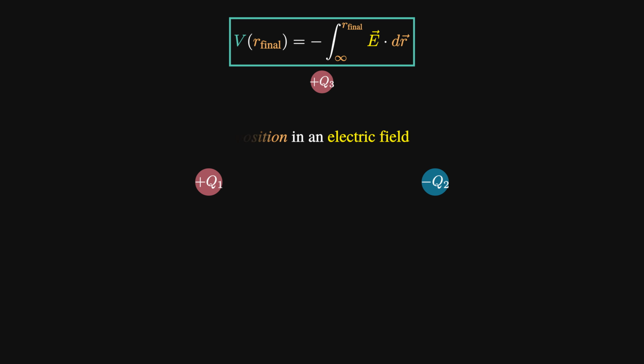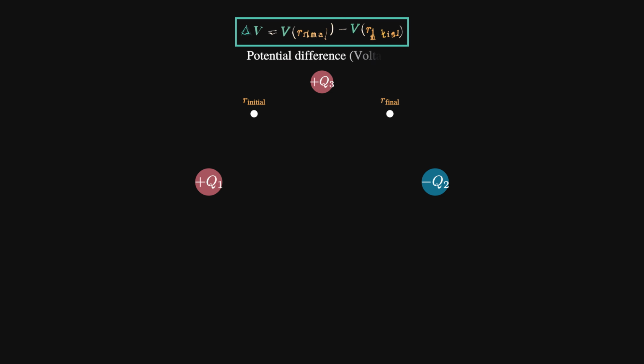We can also define a quantity known as the potential difference between 2 points, which, as you might have guessed, is simply the change in potential energy divided by Q. The potential difference is also known as the voltage. This is written as delta V and is equal to the potential at a point R final minus the potential at a point R initial.